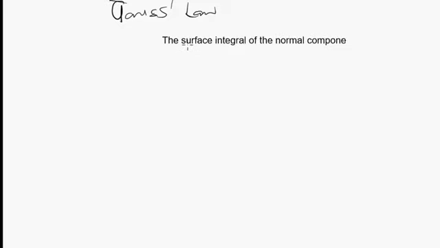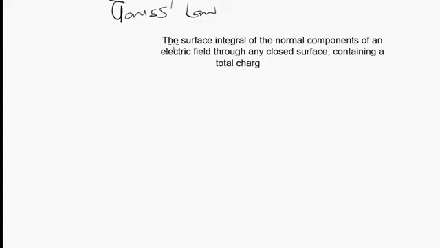So let's consider the statement of the Gauss law. The Gauss law states that the surface integral of the normal component of an electric field through any closed surface containing a total charge Q is given as Q over epsilon naught, the charge over epsilon naught.